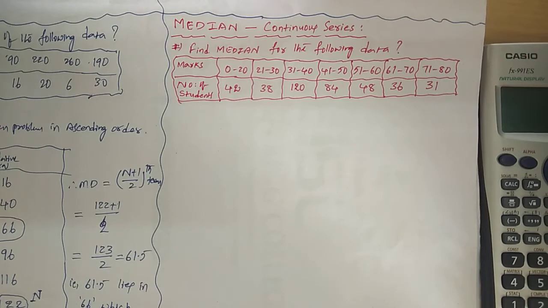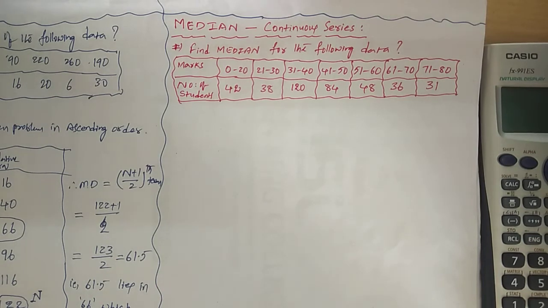Write down the given information in ascending order, with variable xi and fi. You take the cumulative frequencies and calculate the (n plus 1) by 2th term. The value where it lies, a little bit more than the (n plus 1) by 2 term in the cumulative frequencies, corresponds to the median value. That is how you calculated it.